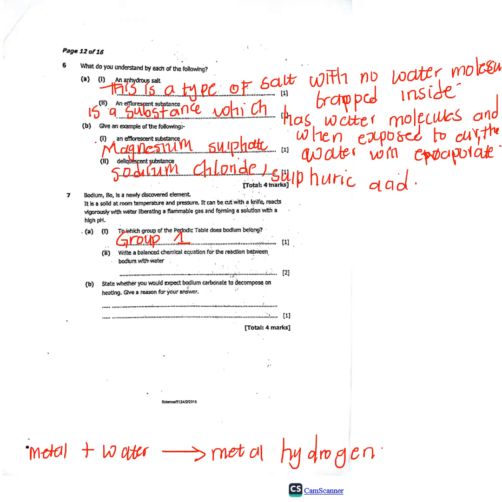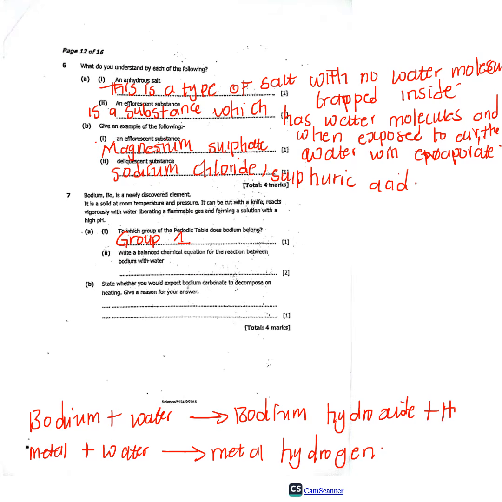Such as sodium plus water is equal to sodium hydroxide plus hydrogen. So this time it is bodium plus water is equal to bodium hydroxide plus hydrogen.